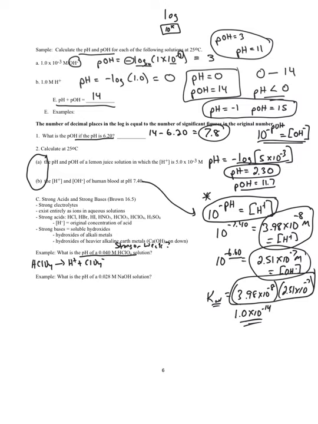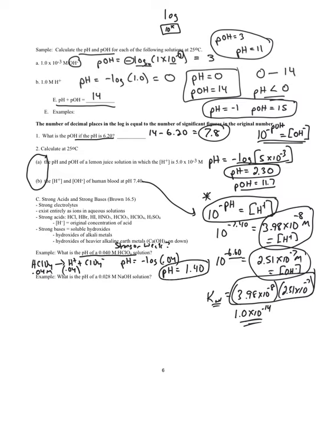Since the label says this is 0.04 molar, 1 H plus is produced for every HClO4, and therefore the concentration of the H plus is also 0.04. So when you have a strong acid, the concentration of the H plus is equal to the concentration of the label of what the acid is. So therefore, the pH would be negative log of 0.04 molar, and we get a pH of 1.40.